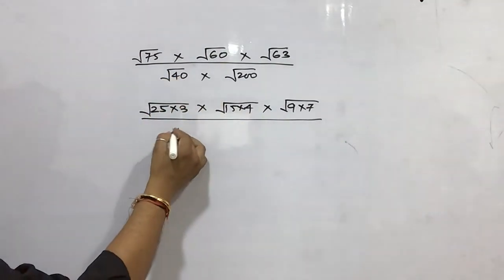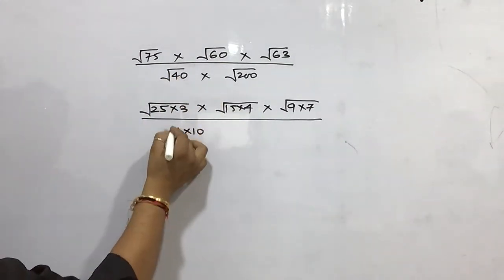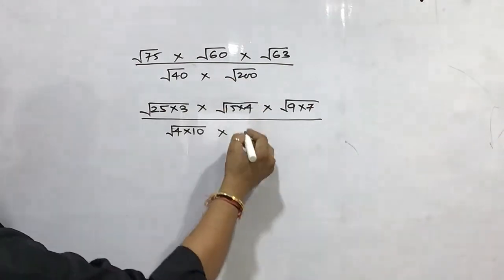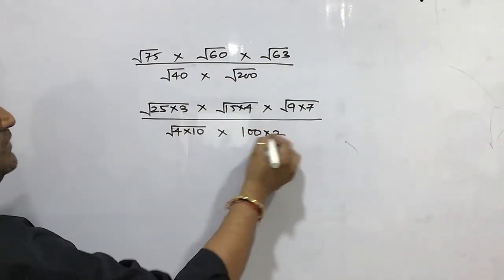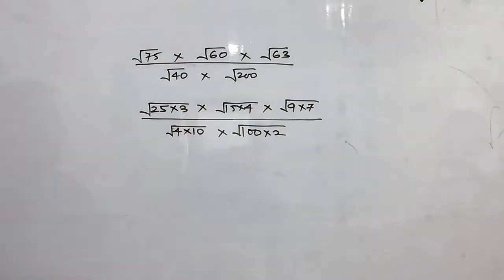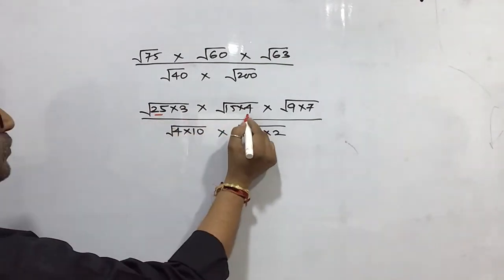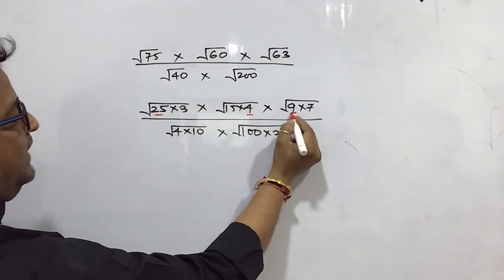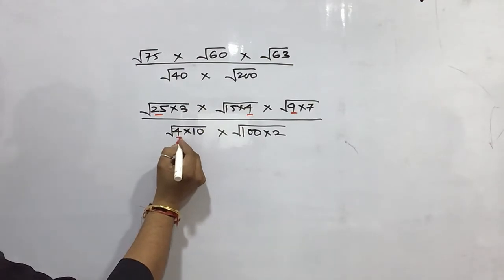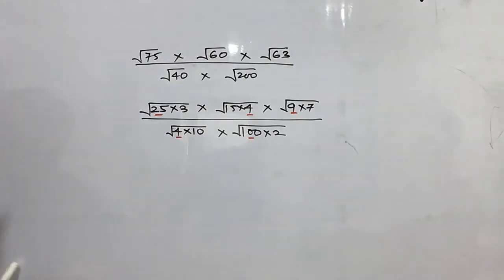In 40 we can write 4 into 10, and in 200 we can write 100 into 2. Here you are seeing that this 25 is a perfect square, this 4 is a perfect square, this 9 is a perfect square, this is a perfect square, and this is a perfect square.